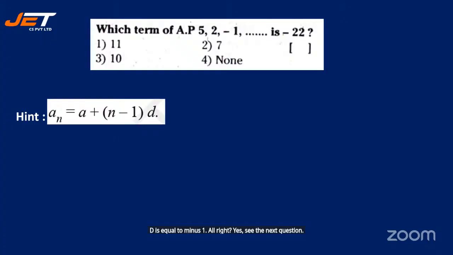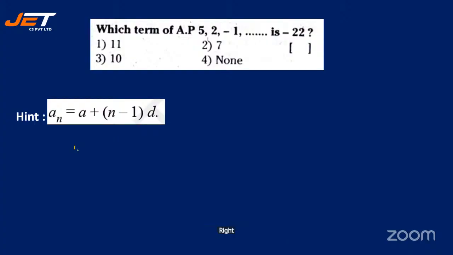Which term of the AP 5, 2, minus 1 is minus 22? Yes, so which term is minus 22? So let's do this. a plus n minus 1 into d.